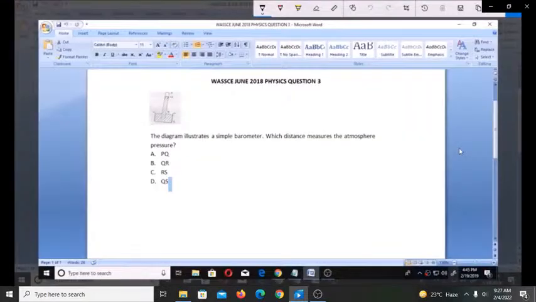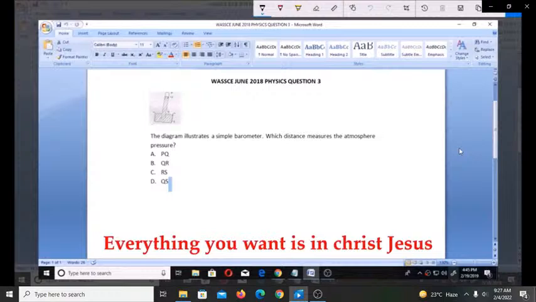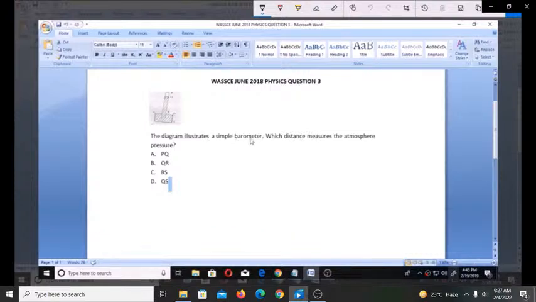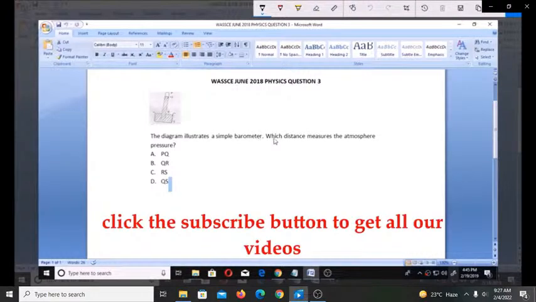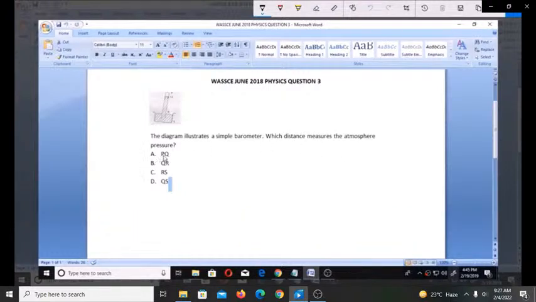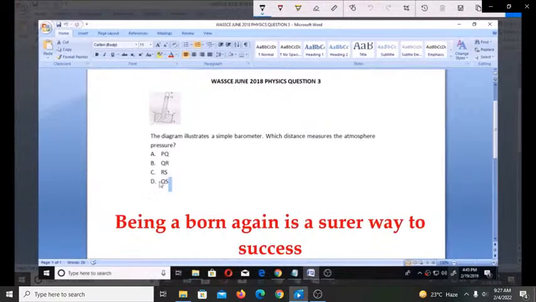Yes, let's look at question number 3 for WAEC Physics 2018. The diagram illustrates a simple barometer. Which distance measures the atmospheric pressure? A. PQ, B. QR, C. RS, D. QS.